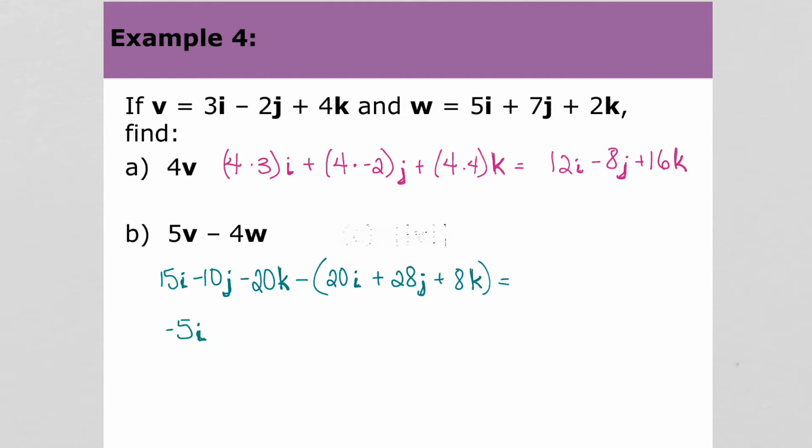Negative 10 minus 28 is negative 38j. And 20 minus 8 is 12k. Sorry about that, I think that was a positive 20.